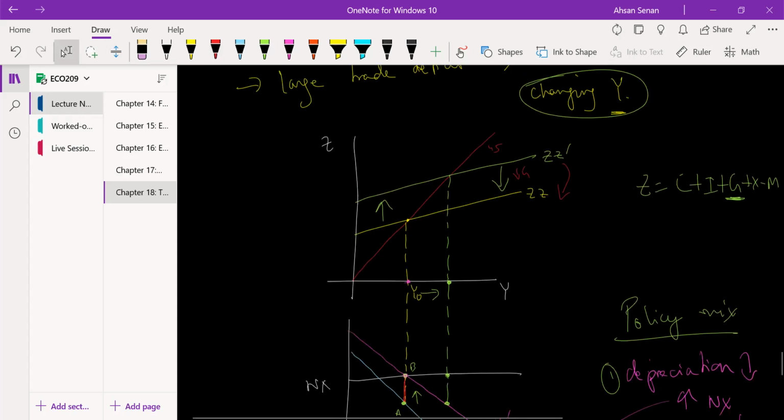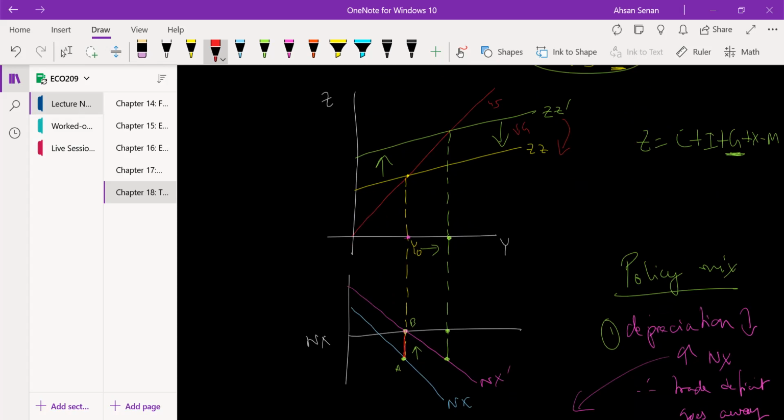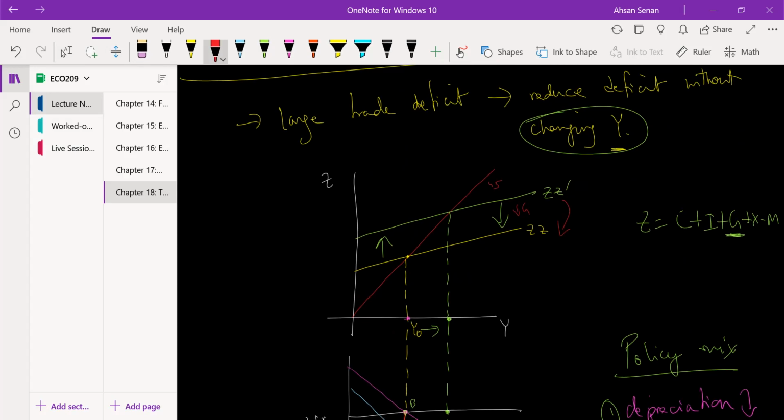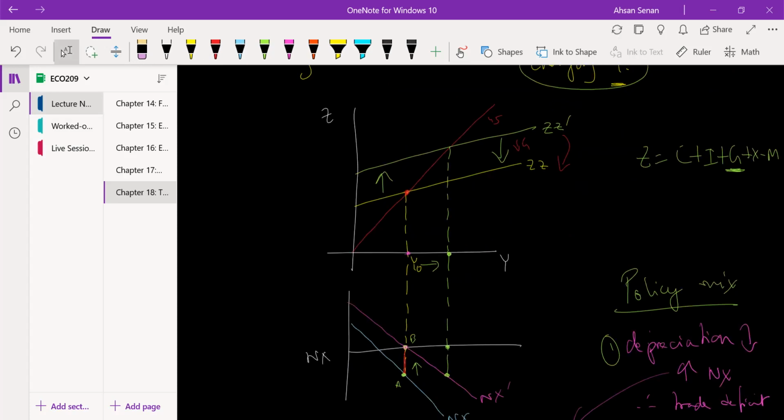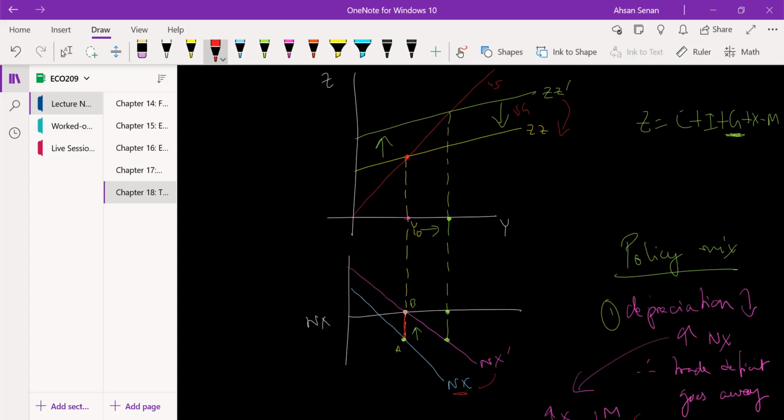So here's what happened. We were at NX, we had a trade deficit of AB, and we were operating at this point, at Y0. We manufactured a depreciation, which led us to go from NX to NX prime.